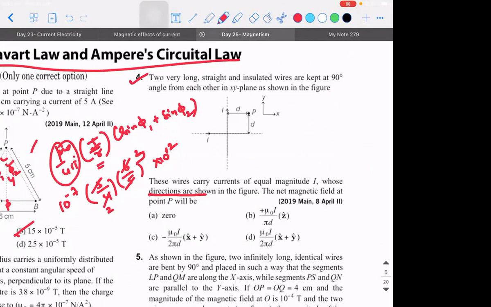Here the directions are important because the point P has a specific direction. So take the individual wires separately. Before you start solving, if you just apply the right hand thumb rule, you might get the answer directly.